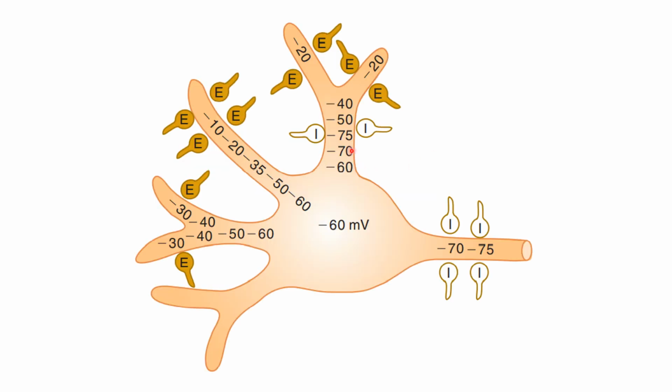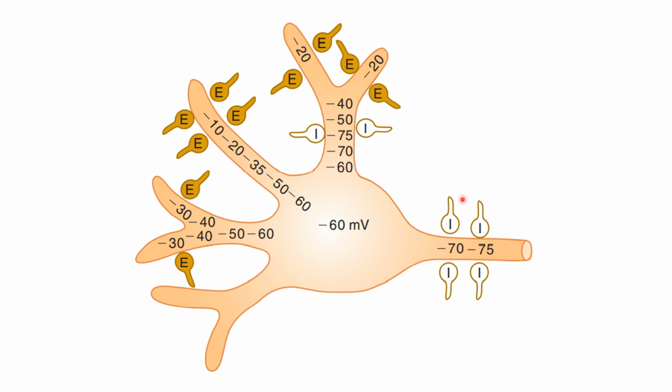This is another example showing there are so many synapses on this neuron, and these synapses can be excitatory, the E, or inhibitory, the I. You can see the decremental conduction in the dendrites, and then the summation at the soma, and whether this will fire an action potential or not in this type of neuron.